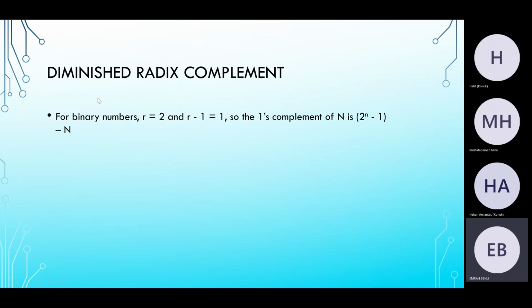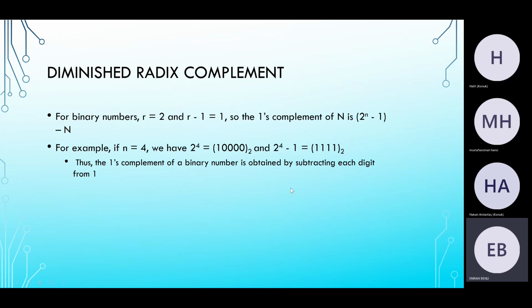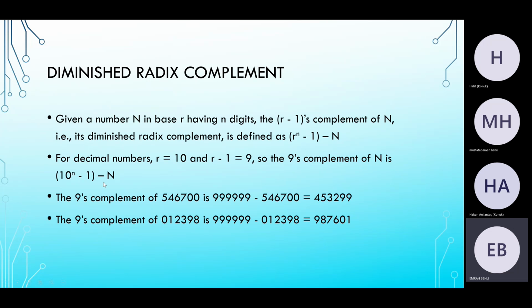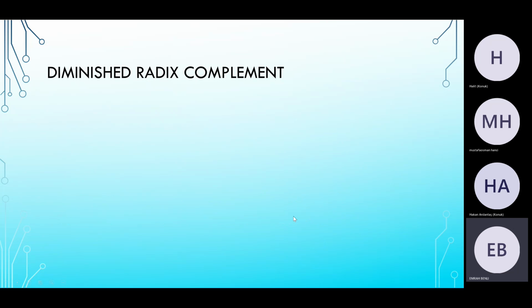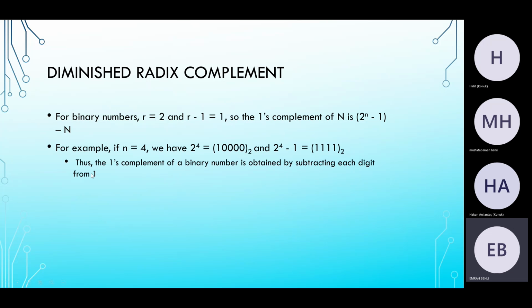So let's go to the diminished radix complement for a binary number. So we have r is 2, r minus 1 is 1. So the 1's complement of n is 2 to the n minus 1 minus n. Same thing as the other one. So for example, if we have 4 digits, we have 2 to the 4, so this is the number, and 2 to the 4 minus 1 is this.